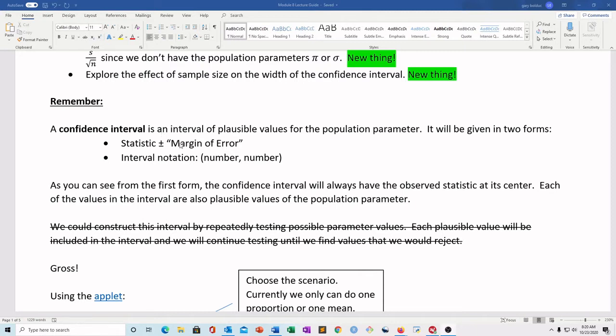So when you see polling, so we're near an election time, you're going to see lots of polls. So you'll see it given as statistic plus or minus margin of error instead of as the interval. It's just a different way to look at it, and in the last video and last module guide, there were some examples of switching back and forth between them, and we'll just do the same thing again today.